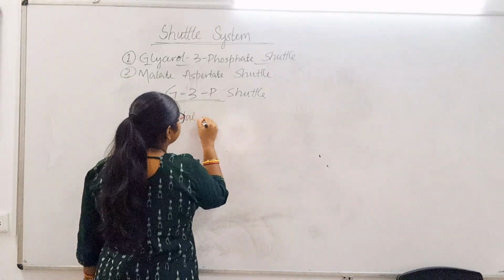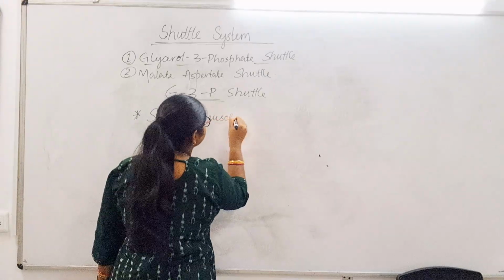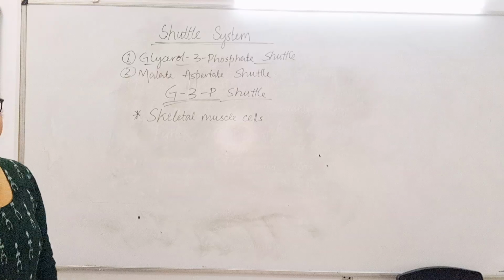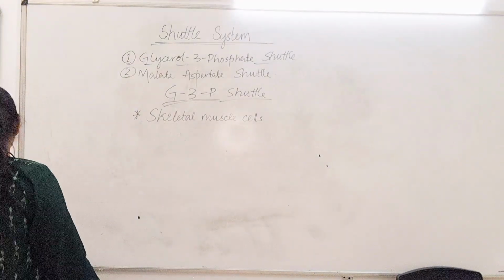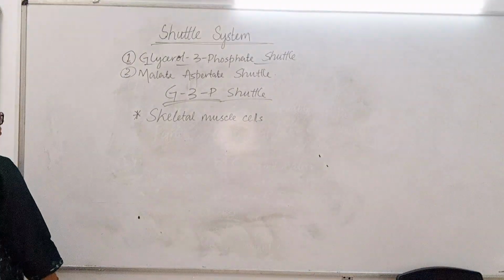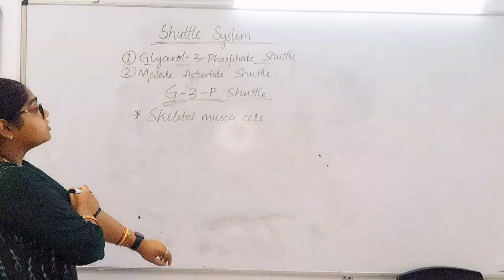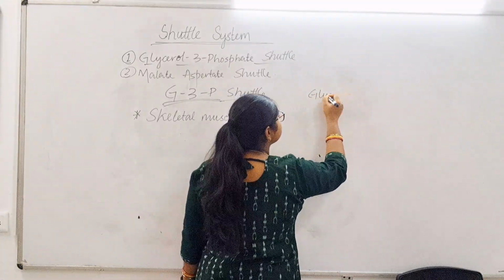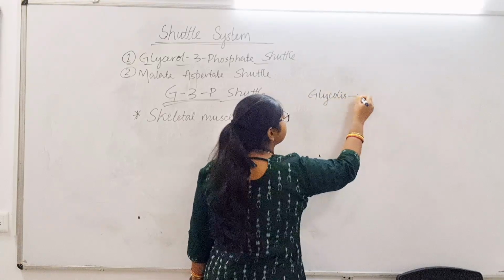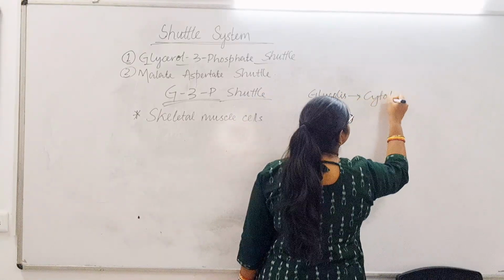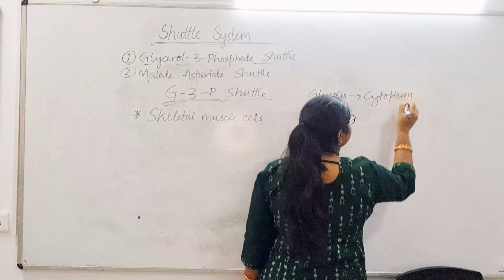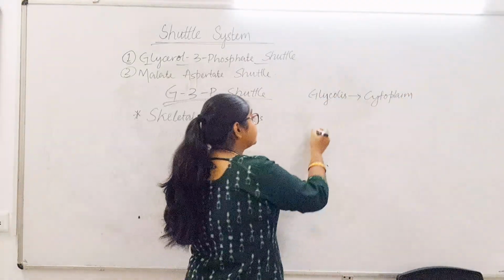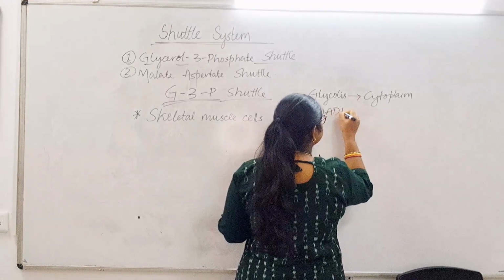So what happens in the glycerol 3-phosphate shuttle? The glucose to pyruvate glycolysis process takes place in the cytoplasm. That means the produced NADH is present in the cytoplasm.